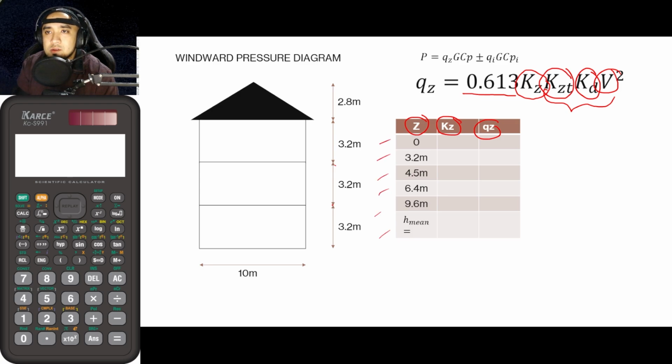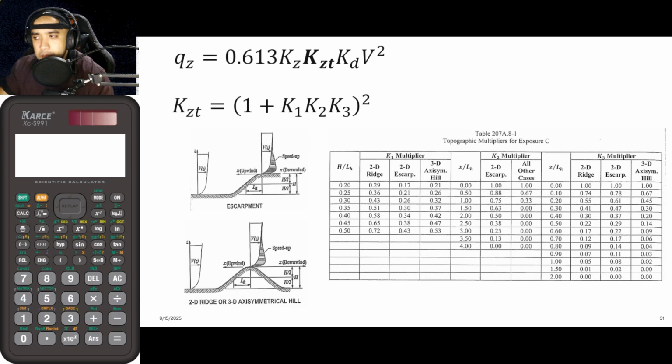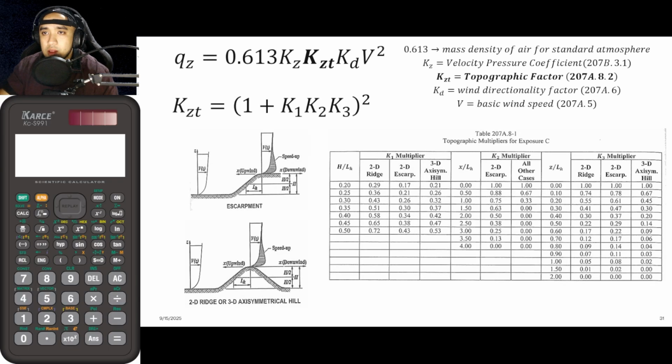Okay? So first things first, let us solve for the value of KZT. KZT is the topographic factor, and it depends on whether your building is located on top of a hill or on top of an escarpment.